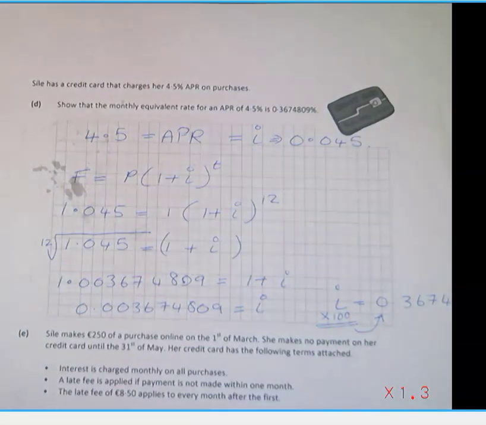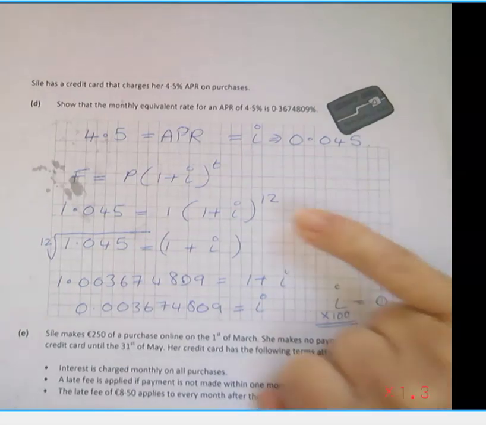So for the year your final would be 1.045, which would be equal to your principal times 1 plus i. You want to change it from yearly to monthly, so 1.045 is equal to (1 plus i), which will be the monthly rate, to the power of 12.